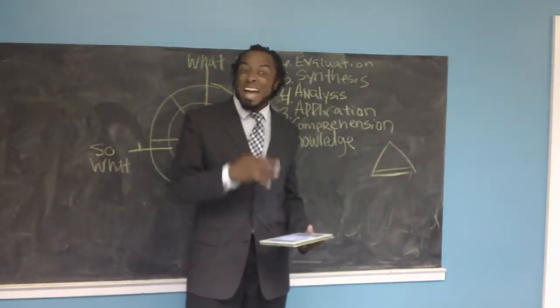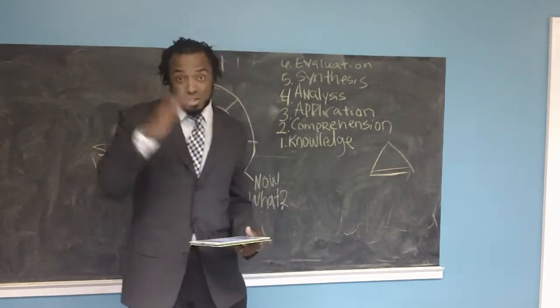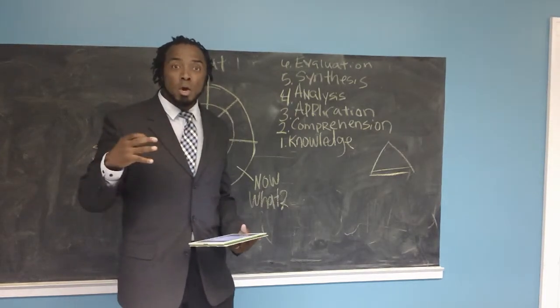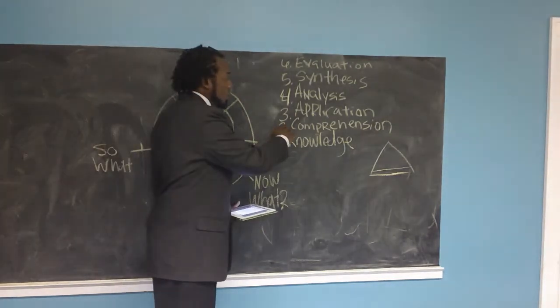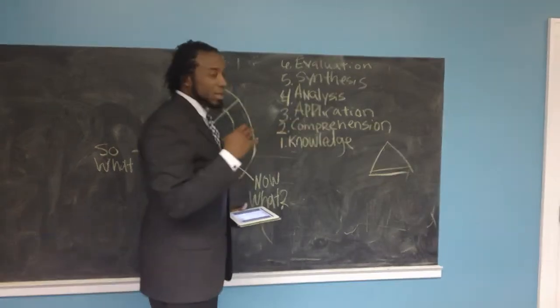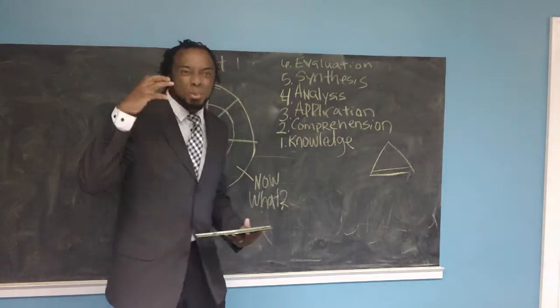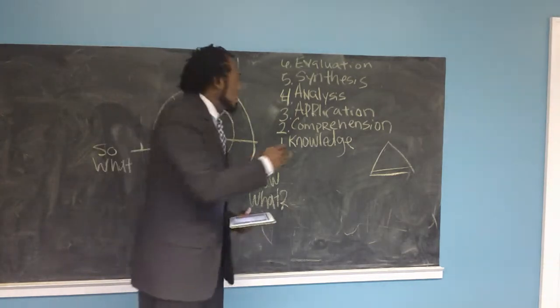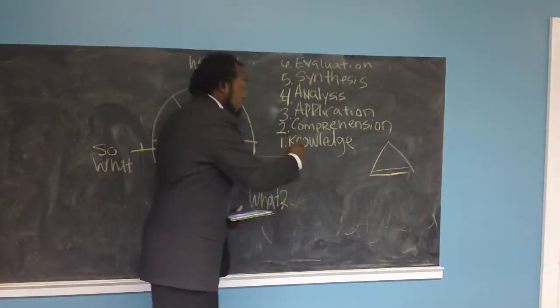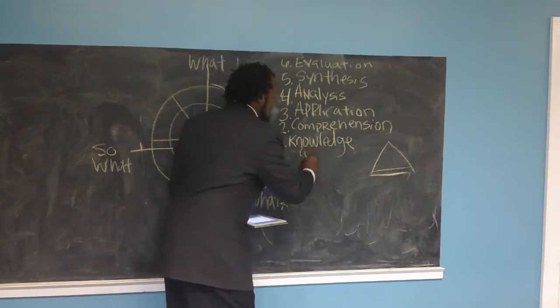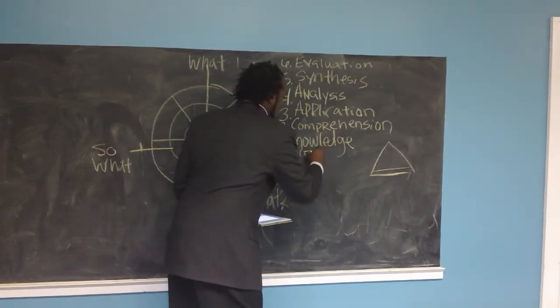Can I make some Venn diagrams to show the similarities and the differences between different things? Can I understand? Can I comprehend what's happening? What is one's comprehension of these facts, of this knowledge? A simple way to talk about knowledge is facts.